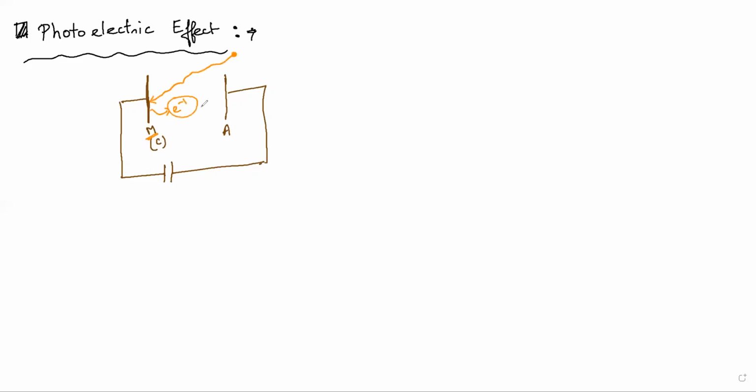These electrons are called photoelectrons. Why? Because due to the presence of photon, the electron is ejected out. After ejection, this electron moves in the circuit.